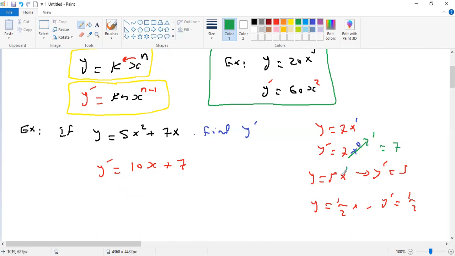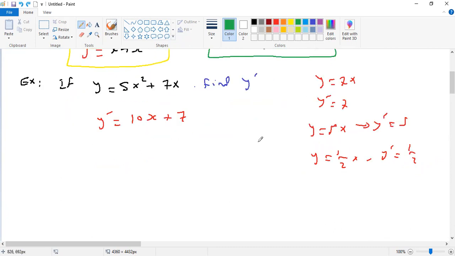It is the same for 5x: we don't write the 1, so 1 times 5 is 5, and x to the power 0 is 1, so the answer is 5. So here, 2 times 5 is 10, and 7x gives 7.